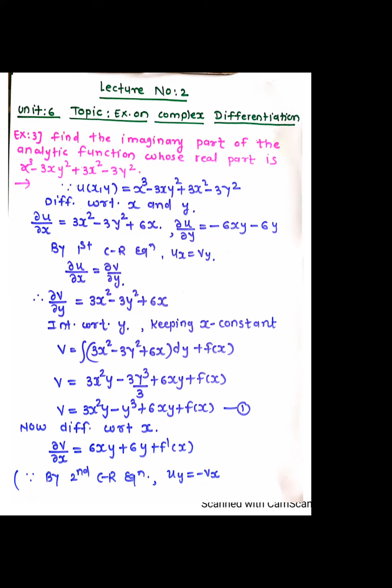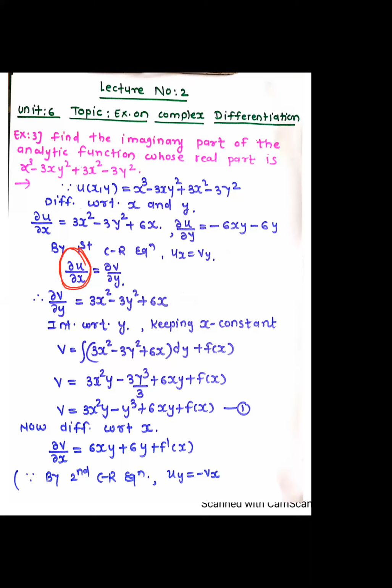Now by the first Cauchy-Riemann equation, u x equal to v y, because every analytic function satisfies the Cauchy-Riemann equations. That is, ∂u/∂x equals ∂v/∂y. Now we know the value of ∂u/∂x, it is known to us.